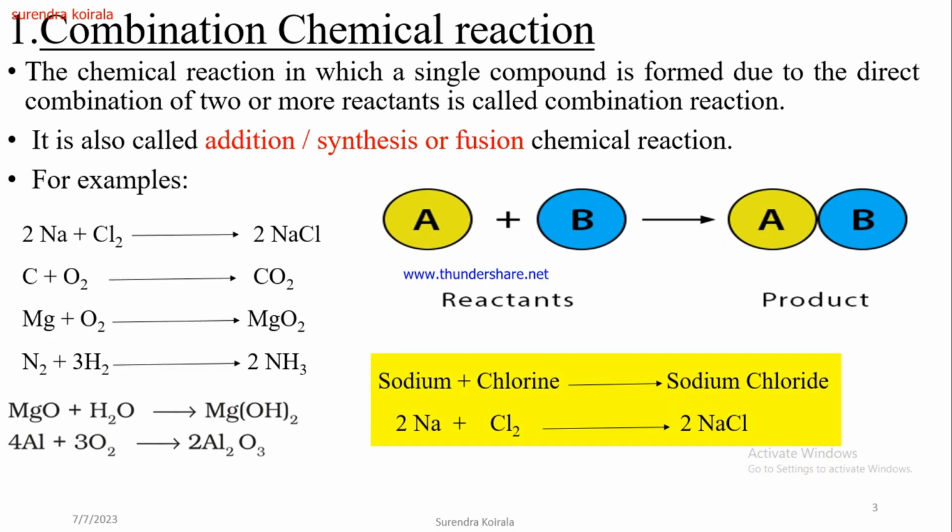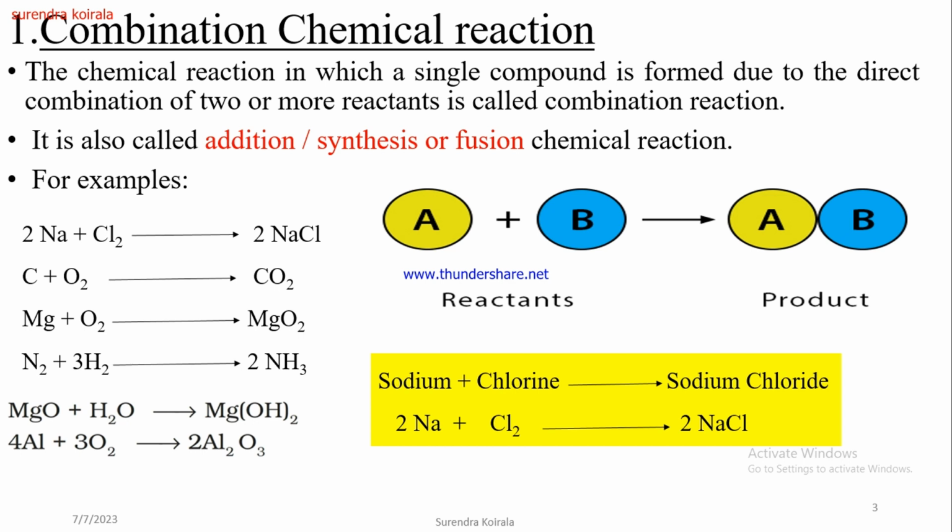For example, we can see on the screen A plus B as the reactants and AB as the product in the chemical reaction. As you know, there are many examples on the screen. First one, sodium plus chlorine gives sodium chloride. That means sodium and chlorine combine to form sodium chloride.